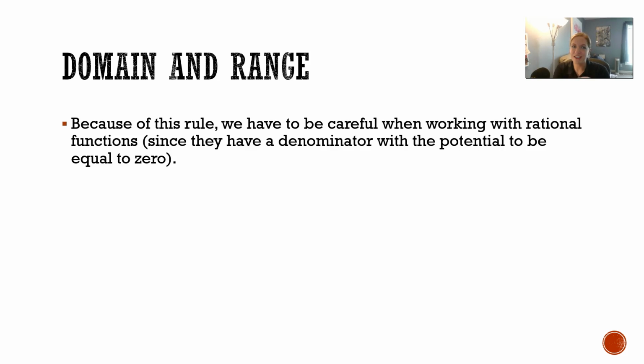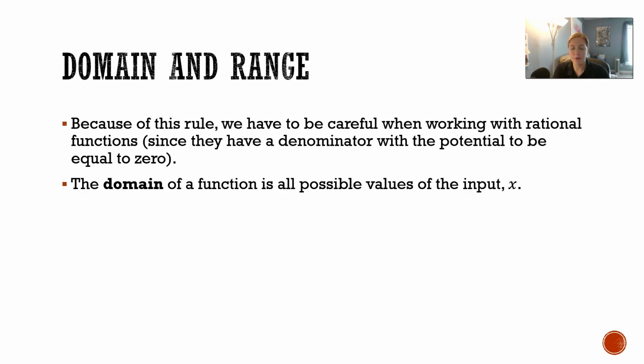So domain and range. Because of this rule that we can't divide by zero, we have to be careful when working with rational functions, since we can't have the denominator, the number on the bottom, be equal to zero. As a reminder, the domain of a function is all possible values for the input x.